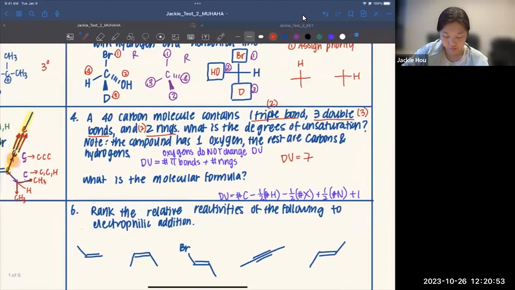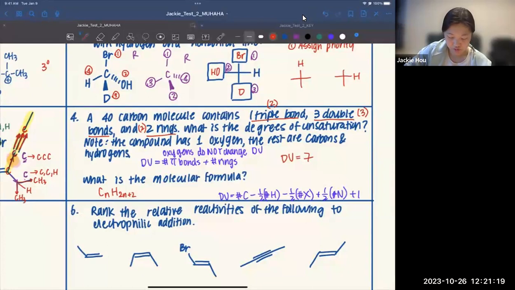Okay, for the molecular formula, as we know, a completely saturated alkane, like a hydrocarbon, will have a formula of CnH2n plus 2, where n is the number of carbons. And this will be an alkane, meaning you have no pi bonds, no rings, no double bonds, any of that kind of stuff.